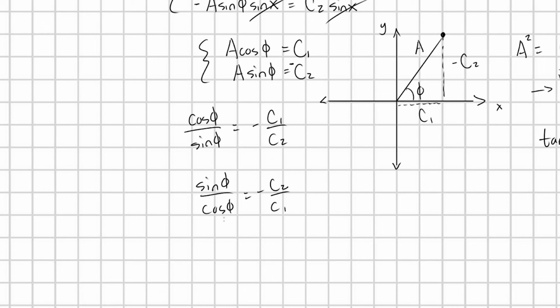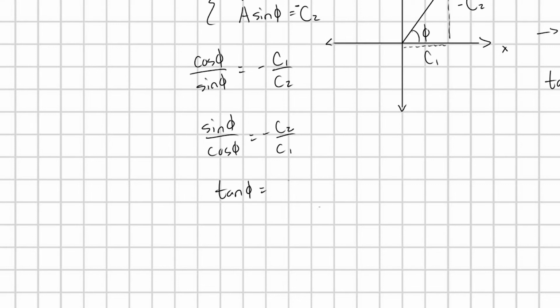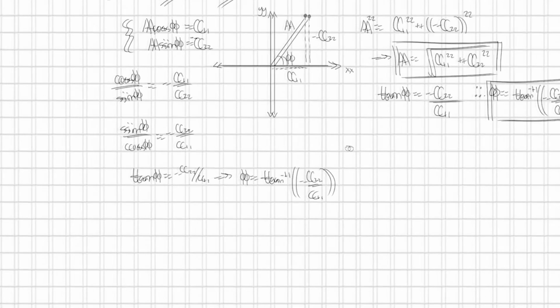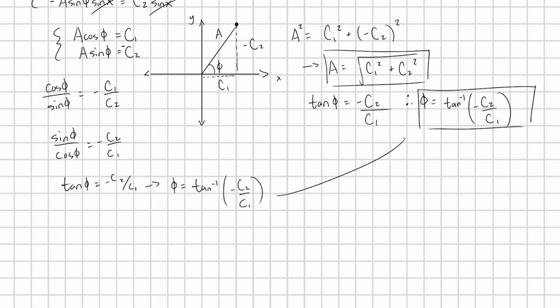And of course, this tells me that tangent phi equals minus C2 over C1. And so we just have phi equals the inverse tangent of minus C2 over C1. Right. And of course, we can see our results are identical.